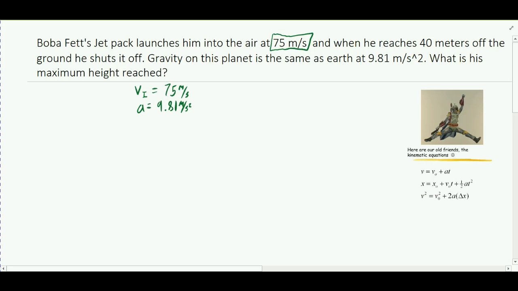We know Boba Fett starts right here. He launches up into the air. He goes 40 meters off the ground. During this time, so at this location, his velocity is 75 meters per second.